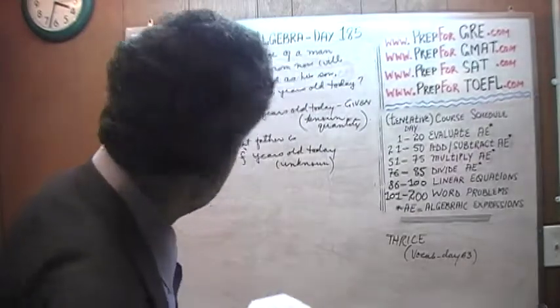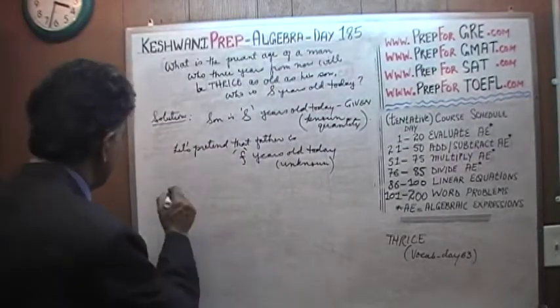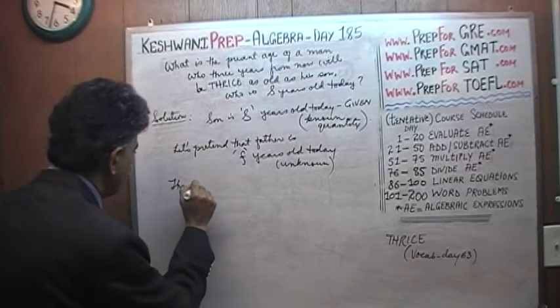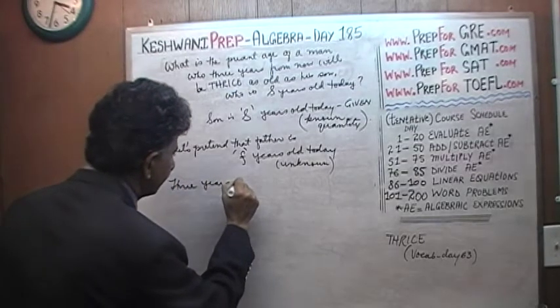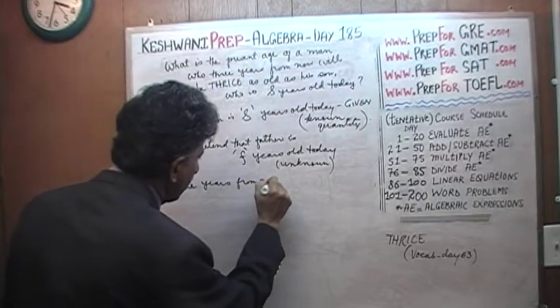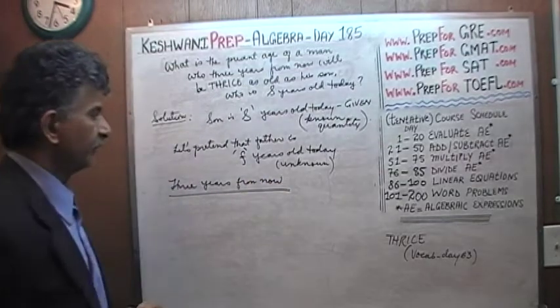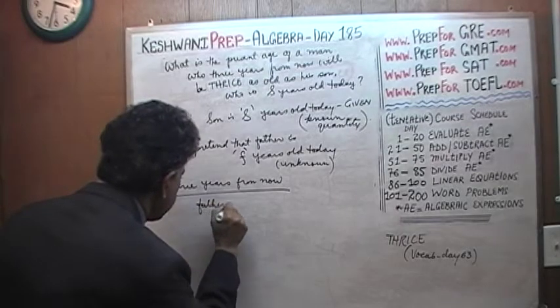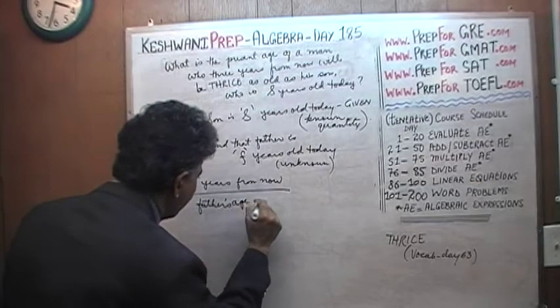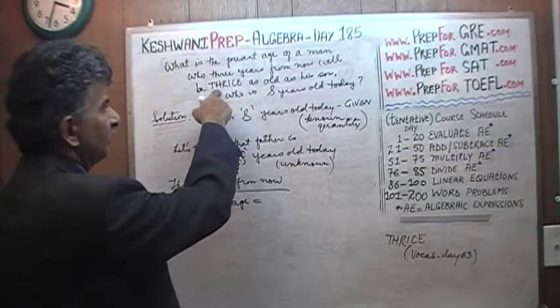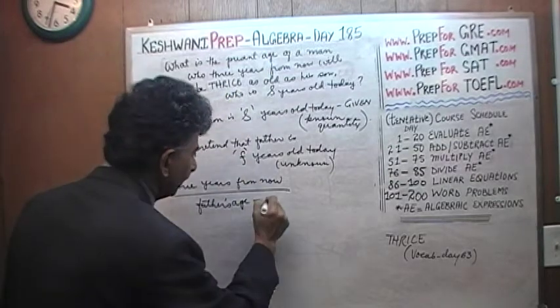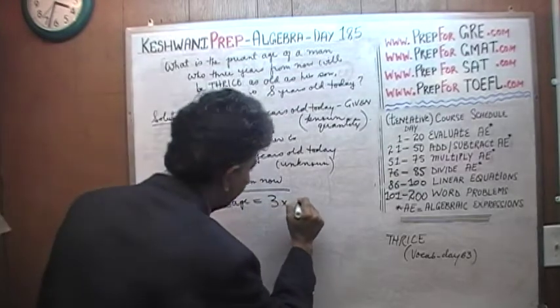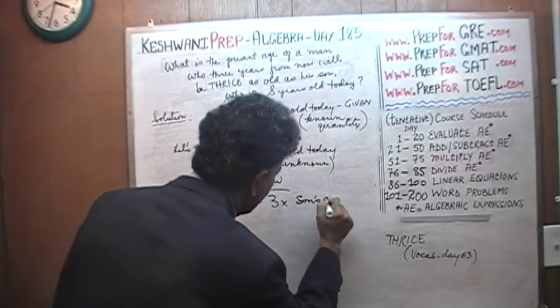So here we go. What's going to happen 3 years from now? 3 years from now, we are told that father is going to be thrice as old as his son, 3 times as old as his son's age.